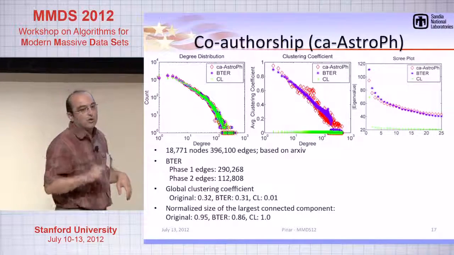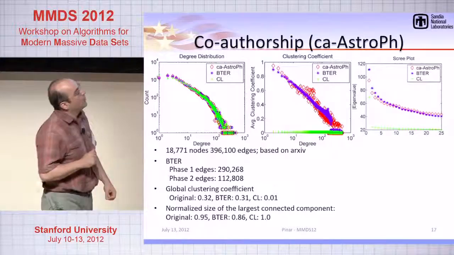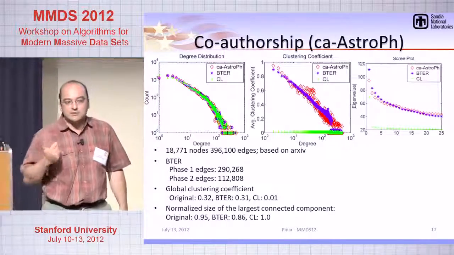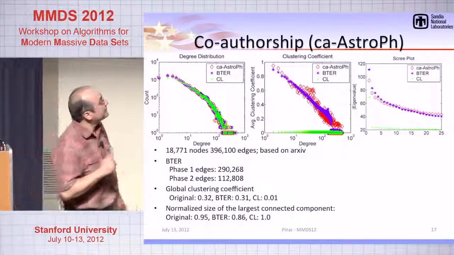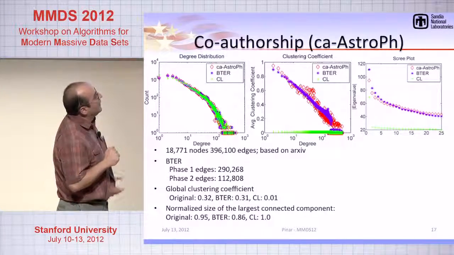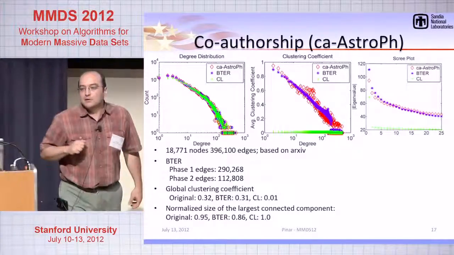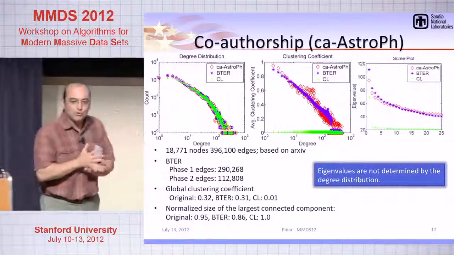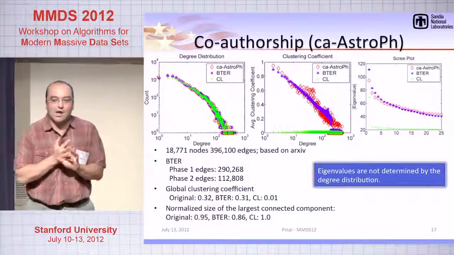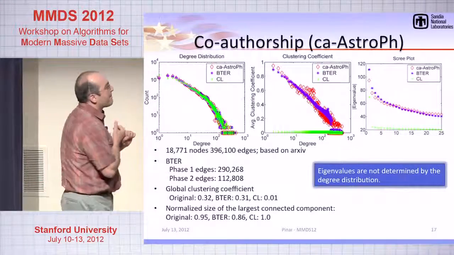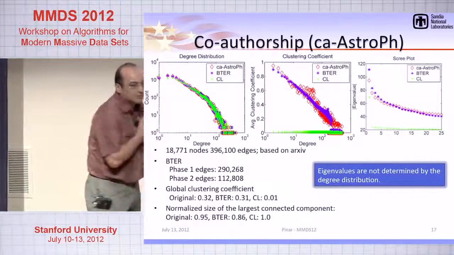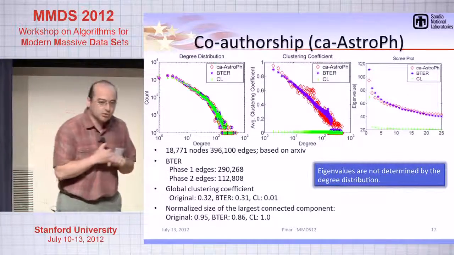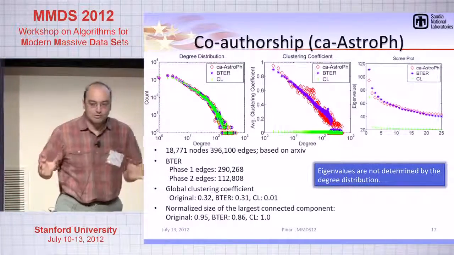So that's another check. The interesting part was the eigenvalues of the adjacency matrix, and the match was surprisingly good. One thing I want to say here is that there's a myth that the eigenvalues are determined by the degree distribution. There are actually solid results about this.